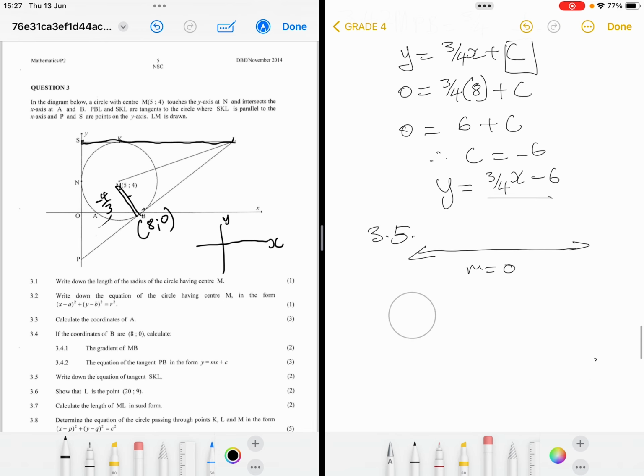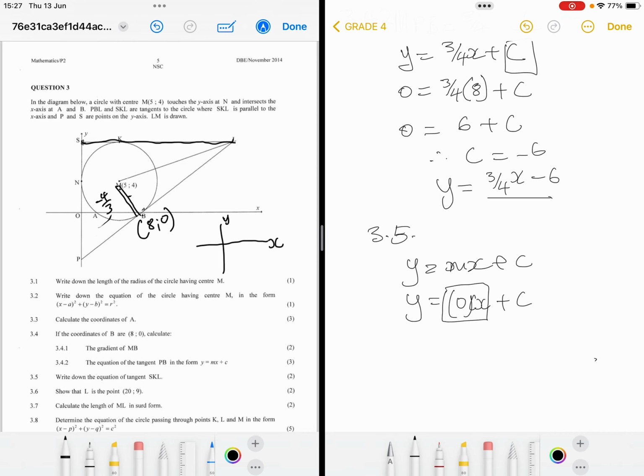So that's what you have to know. Now, in this manner, we know that our equation, which is mx plus c, has gradient 0. So now, obviously, this is going to be 0. It means y is equal to c.